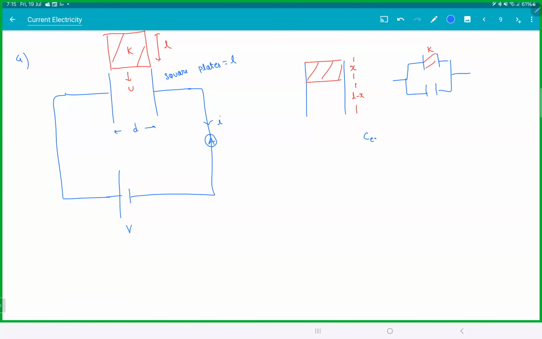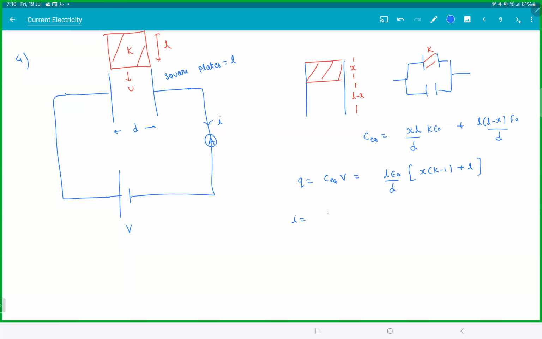So here we will end up with C equivalent, and that would be X into L into K epsilon by D plus L into (L minus X) into epsilon by D. So charge Q would be C equivalent into V, which is L epsilon V by D times (X into (K minus 1) plus L).